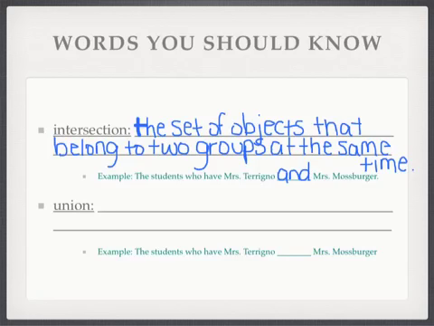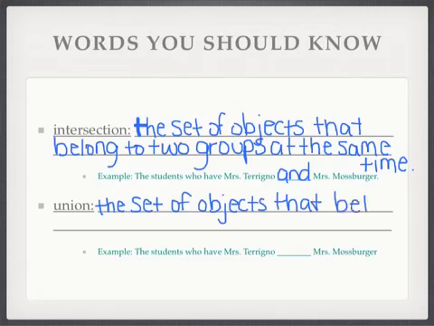Okay, the union is the set that belongs to one or the other, okay? The set of objects that belong, now I'm writing too fast, to one group or the other.